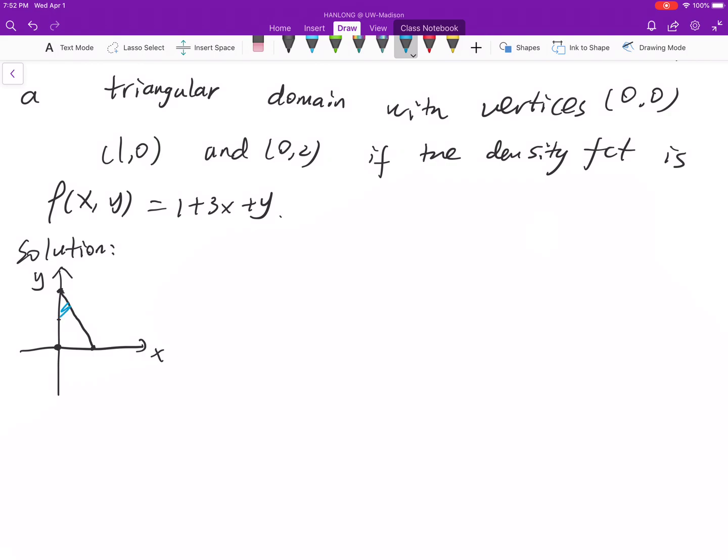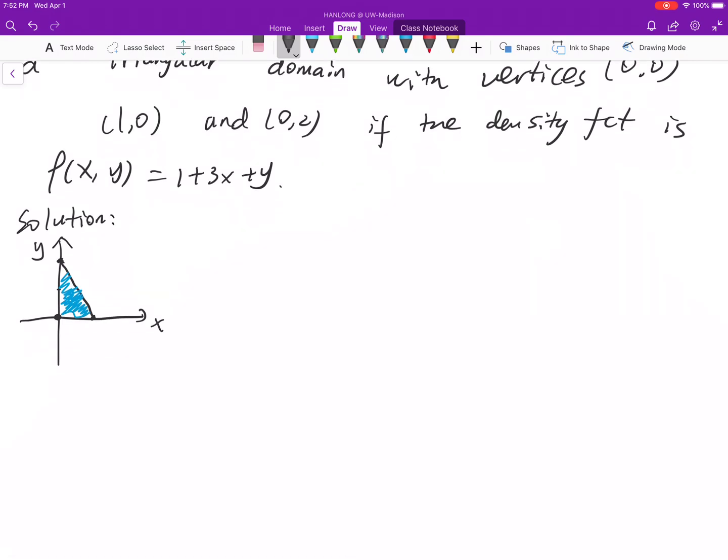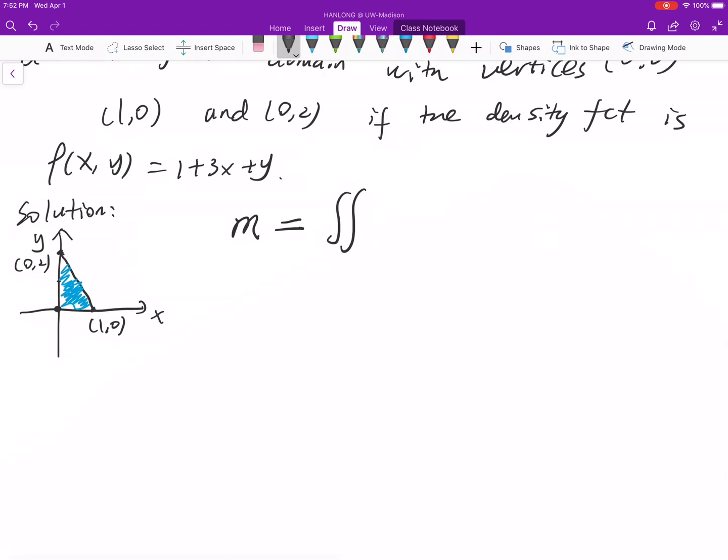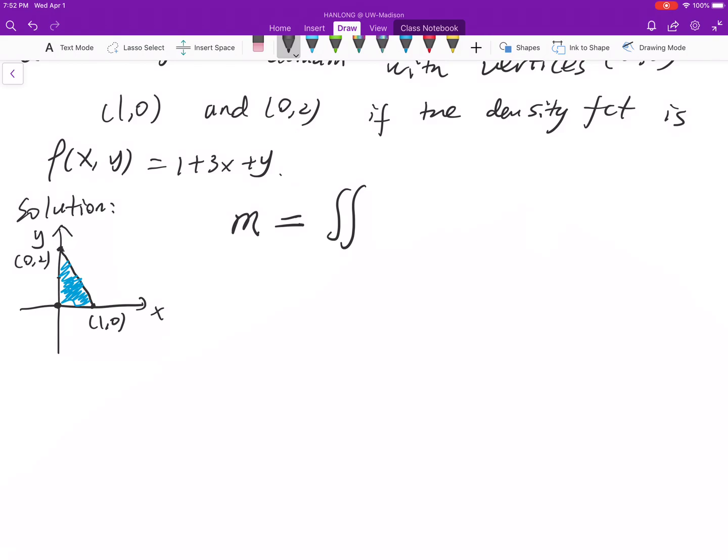Okay, therefore the region is given this way. Now we can calculate in the same way as above for the total mass. So let's denote the total mass by m. m can be written down as a double integral as follows.